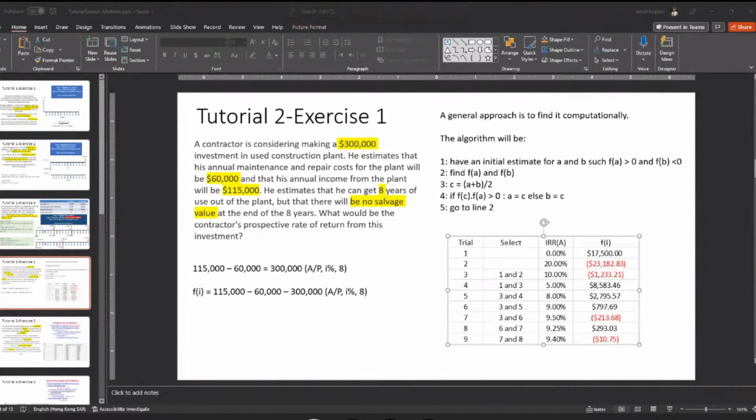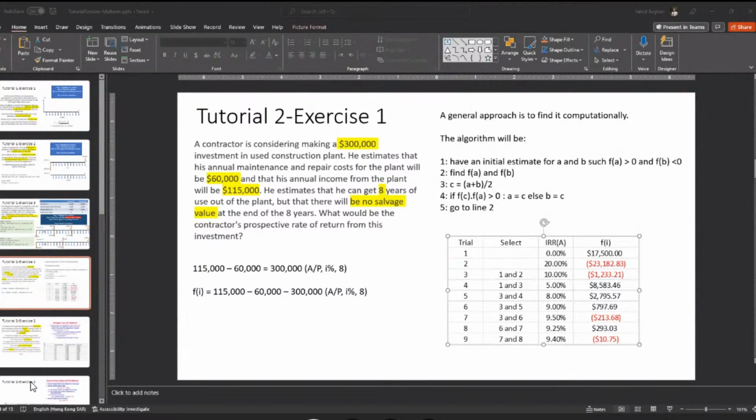Either we find the present worth, its equivalent of present worth, or we find its annual worth, or we find their future worth, the equivalent in the future. So which one would have less calculation for you?